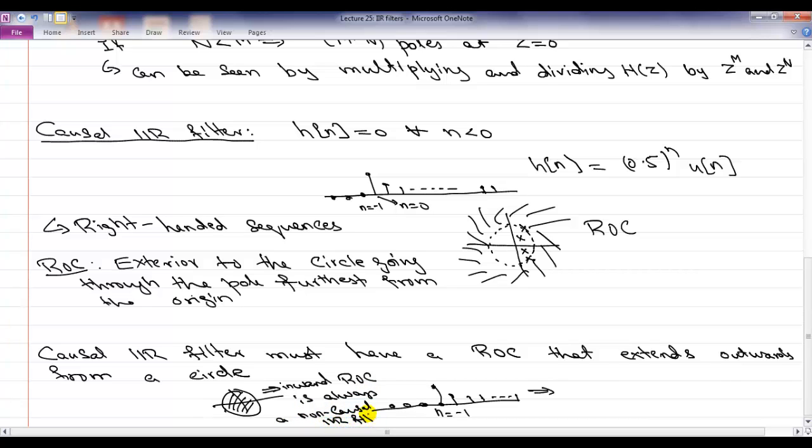Of course, we are talking about the case of when you have poles. Because for an FIR filter, the region of convergence is the entire z-plane except z equal to 0. So if I exclude some parts of the z-plane, it cannot be an FIR filter. Okay? For an FIR filter, the region of convergence is the entire z-plane, except possibly z equal to 0 or z equal to infinity.